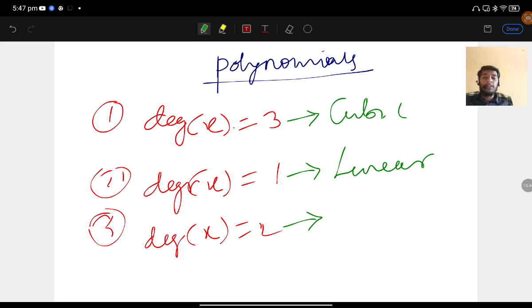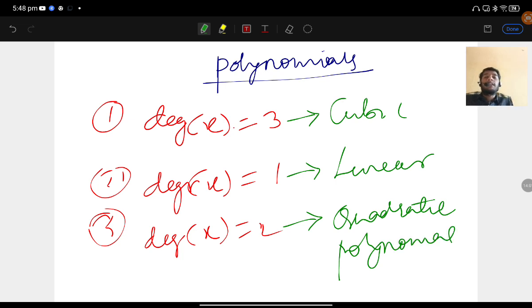And the last one, the degree is 2, so it should be quadratic polynomial.